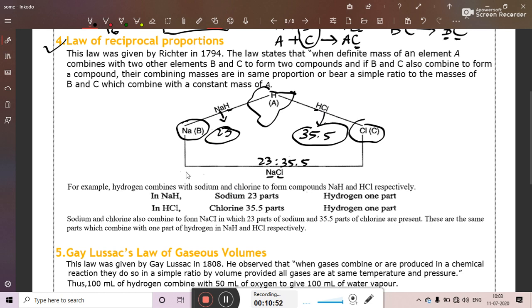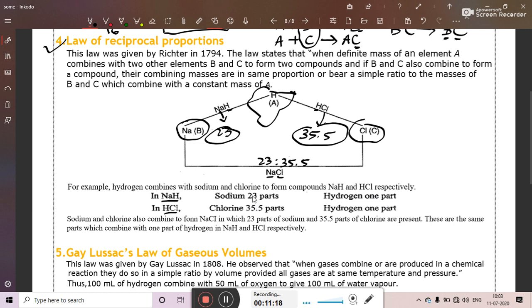Okay. So for example, hydrogen combined with sodium in NaH in the ratio of 23 parts sodium and 1 part hydrogen, and in HCl 35.5 parts chlorine and 1 part hydrogen. So in both the compounds, A is having the constant mass, while B and C are having variable mass.